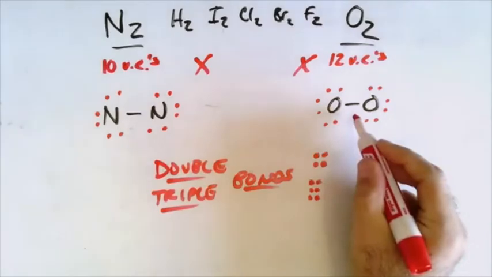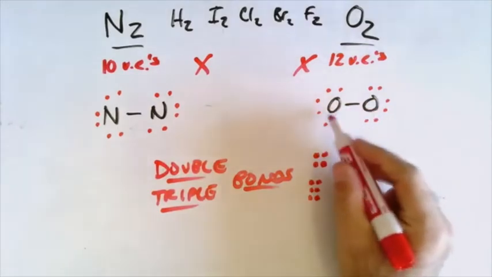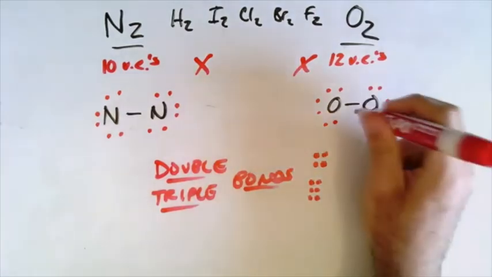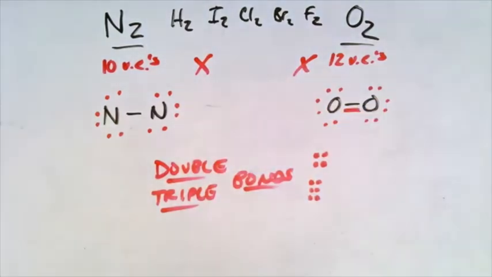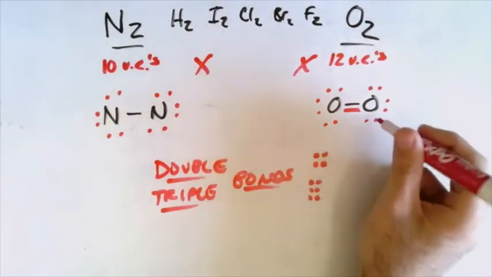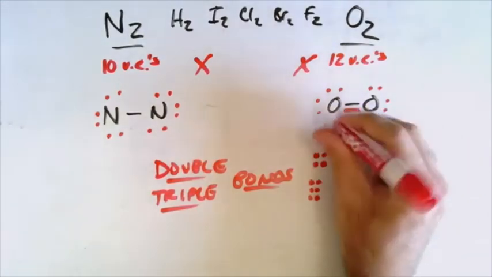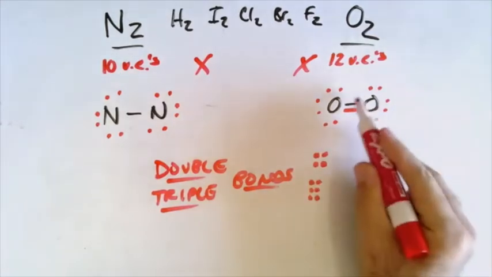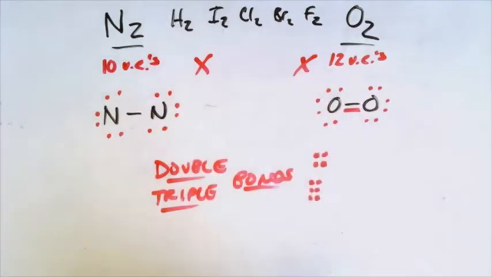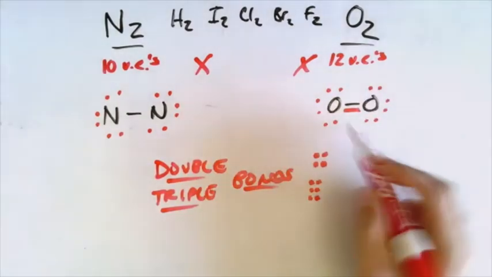I start with this oxygen. I say, I don't want 14 total electrons. I need to get down to 12. So I will make a new bond. Notice, however, that making the new bond now means I have more electrons, and it also means I don't have octets on either side. Count them up. 2, 4, 6, 8, 10 electrons around that O. Same thing around the other one.